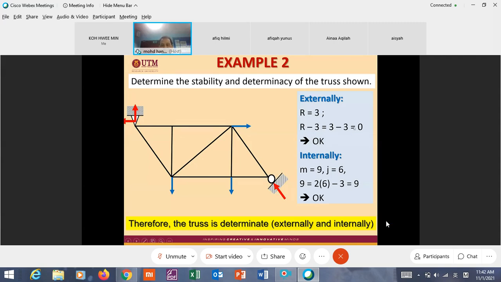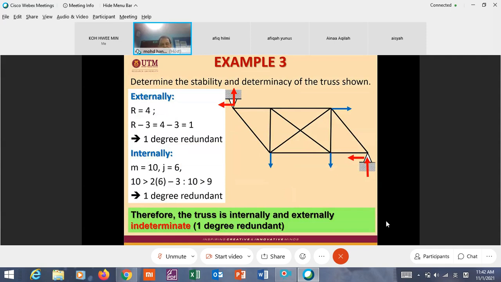And 3 minus 3 equal to 0. That means it is externally determinate. And internally also, m equals 9 and so on, so it is also determinate, so we call it externally and internally determinate.